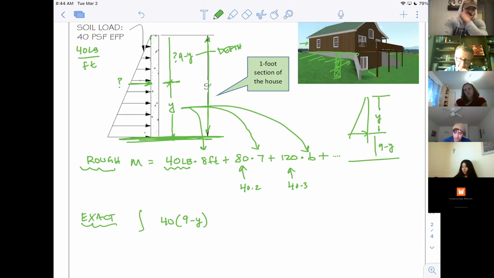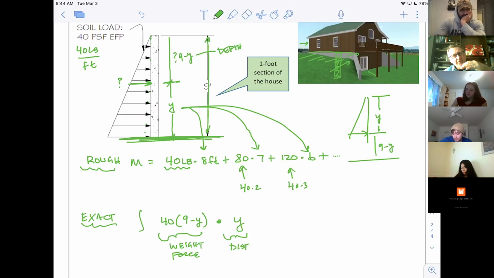So that's your depth, or that's your weight, or your force. And then times however deep you are, which is actually 9 minus y. That's your distance from the toe, the point where it's going to rotate.